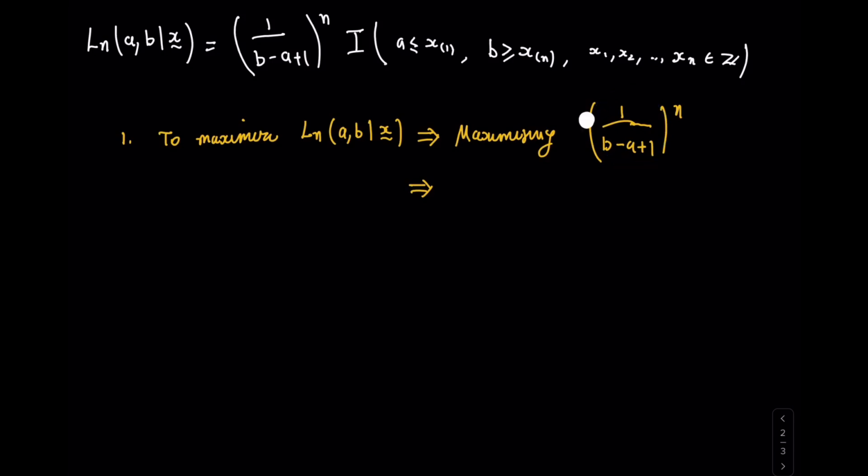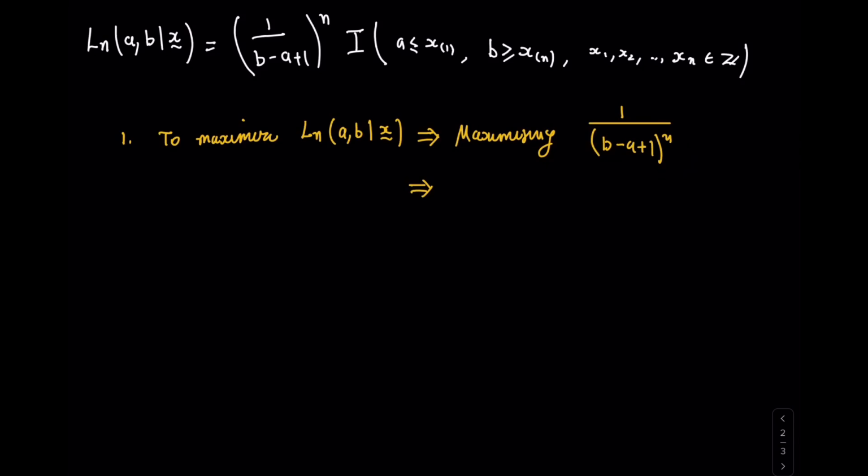In fact, not only will it end up being a fraction, it will end up being a fraction given by, I'm just putting the power down the front. If you want to maximize this fraction, you need to actually minimize the denominator.